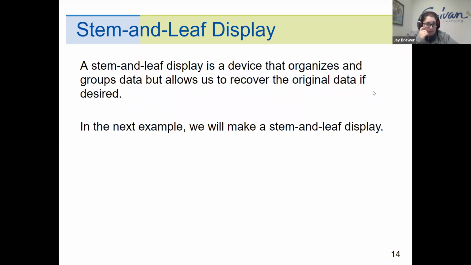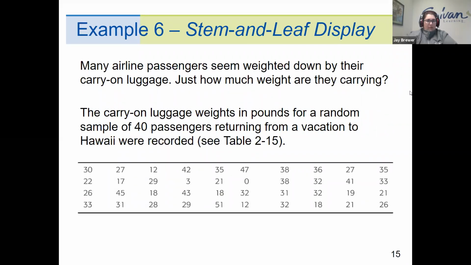A stem and leaf display is a device that organizes and groups data, but allows us to recover the original data if desired. In this next example, we will make a stem and leaf display. This example is talking about airline passengers and their carry-on luggage.